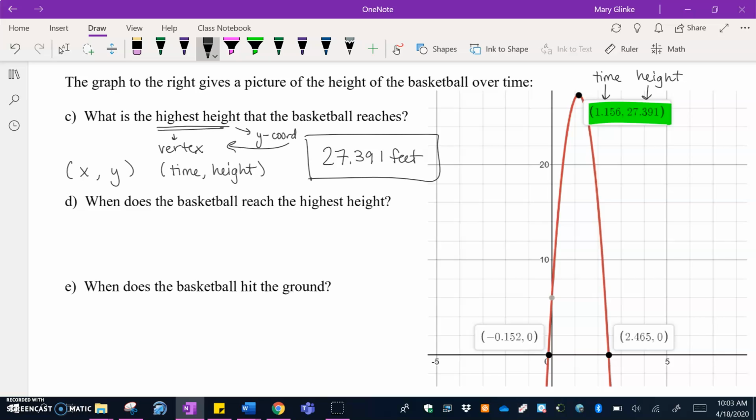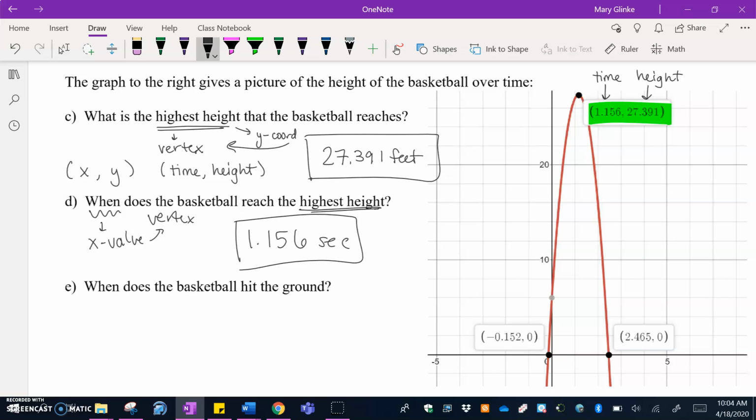So when does the basketball actually reach that height? Well, that is also going to be looking at your vertex because it's talking about the highest height, but this is asking for your when value. So this is asking for your x value of your vertex. And on our graph, we can look at that and say 1.156 seconds.